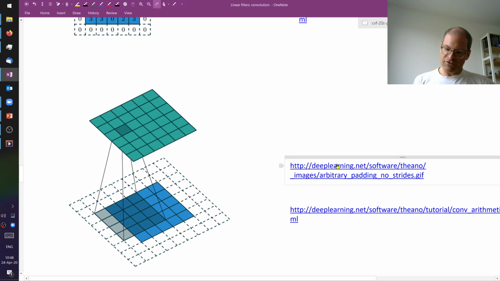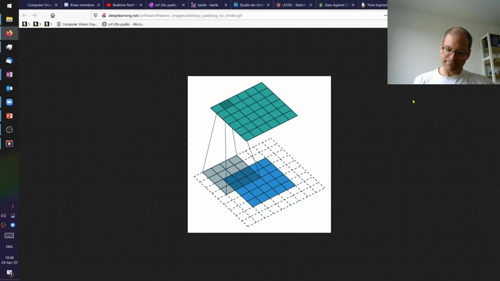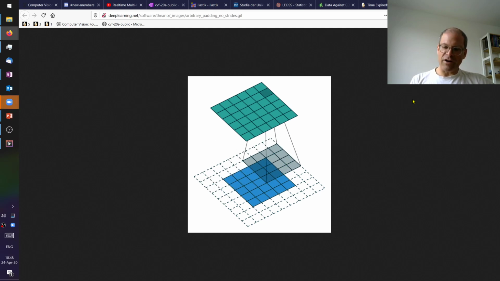Now, what this image shows you is, here the blue is the input, and in this case, the green is the output, and the desired output here was to be of the same size as the input. And you see that if I now use this gray convolution filter mask, I don't really have enough inputs.